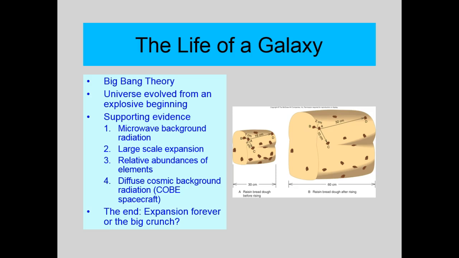That's sort of what seems to be happening in our universe: things that were a certain distance apart, like the raisins here, 5 centimeters or 16 centimeters or 1 centimeter, after a while became 2 and 10 and 32. They're expanding in every direction all the time. Now we're not doing that fast, but this would be the model of what's going on.